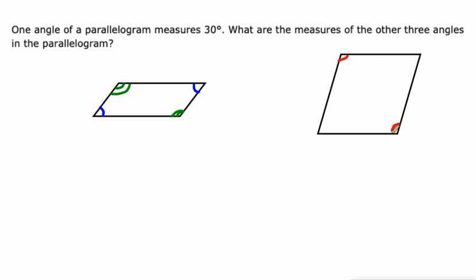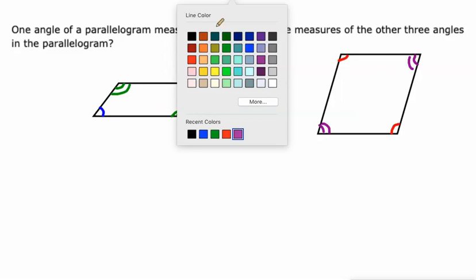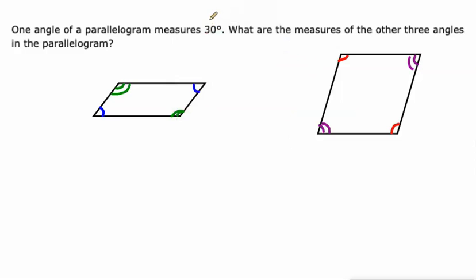So opposite angles will always be congruent. So if that's the case, and we have one 30-degree angle, we know there's going to be another 30-degree angle.